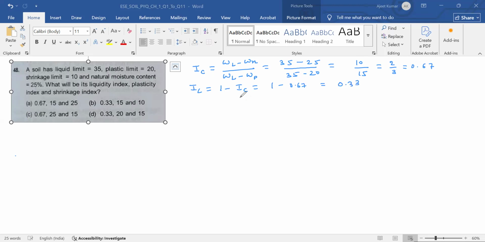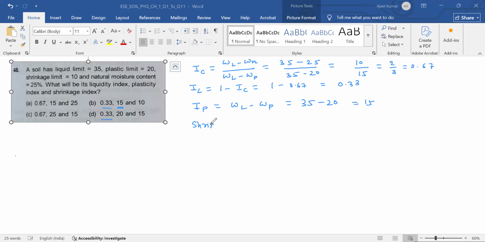Okay, so the plasticity index IP is equal to WL minus WP. So WL is 35 minus 20, equal to 15. And the next is the shrinkage index.